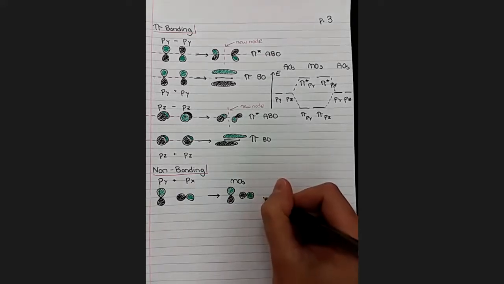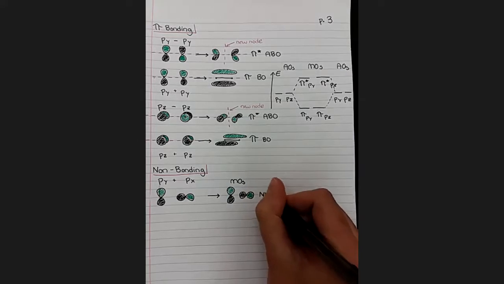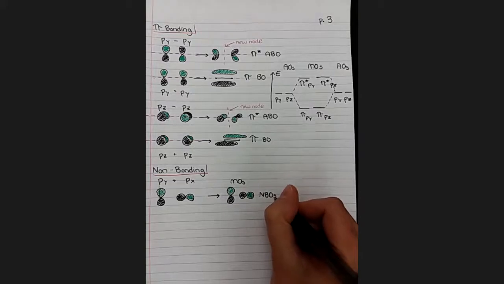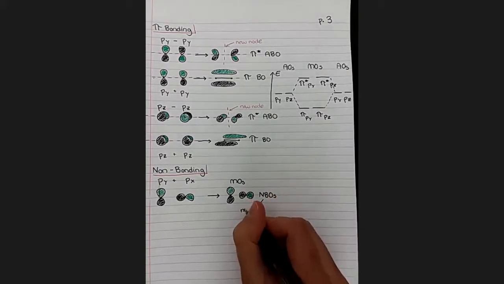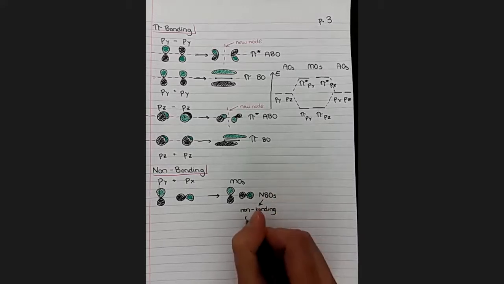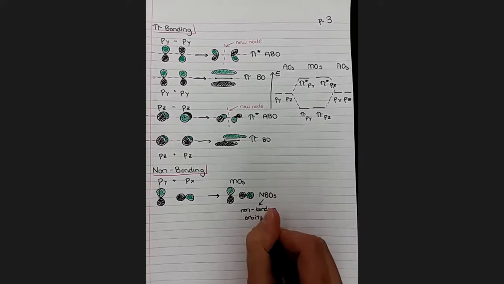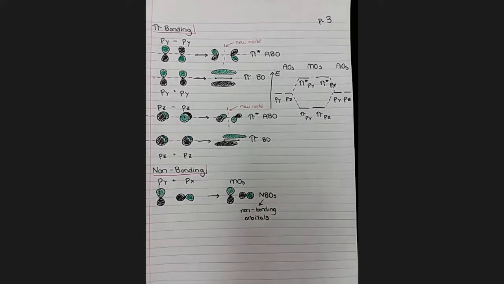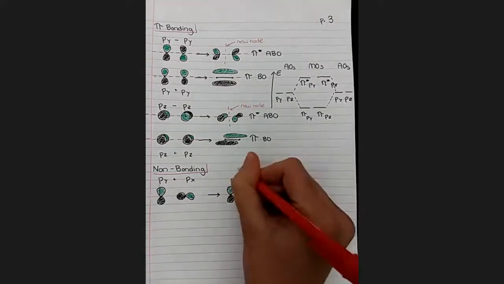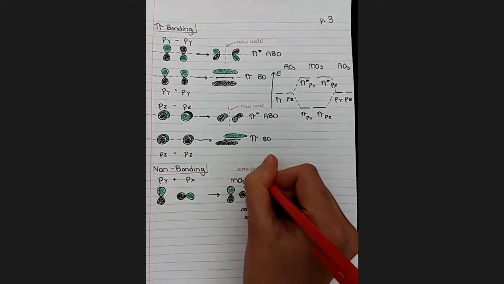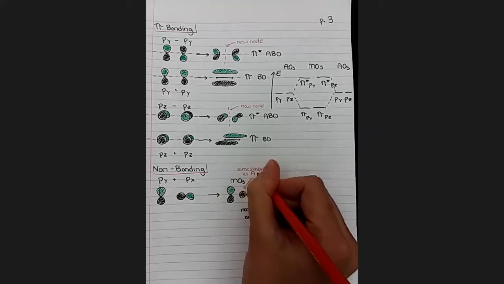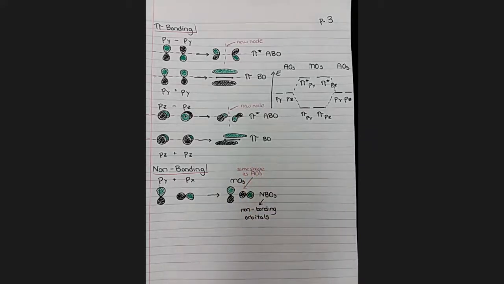And there's no contribution to a bond whatsoever, so these are called NBOs, which is for non-bonding orbitals. We only see these in more advanced, more complicated molecular orbital diagrams. Important to note, the shape of the molecular orbitals that are formed here is the same shape as the atomic orbitals that were used to form them.